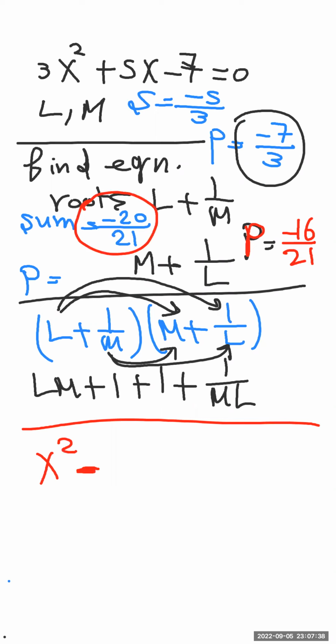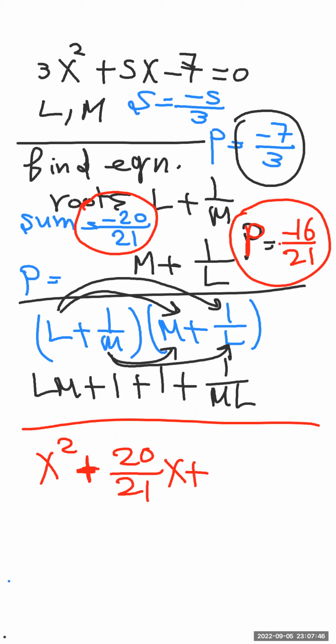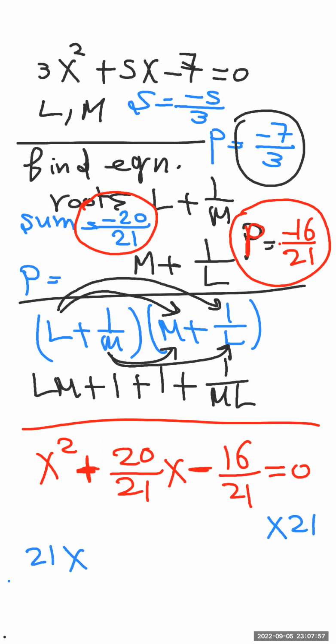It was negative, so plus 20 over 21 x, plus the product. It's negative, so change the sign: negative 16 over 21 equals 0. Multiply the equation by 21 to eliminate the denominator. So 21x squared plus 20x minus 16 equals 0. I'm done.